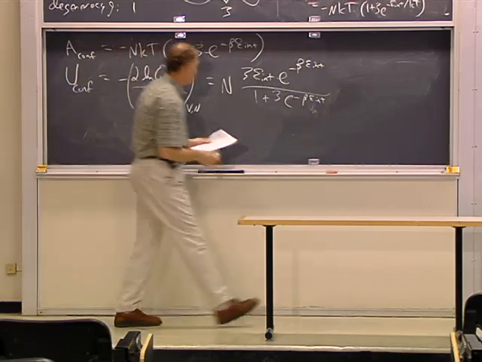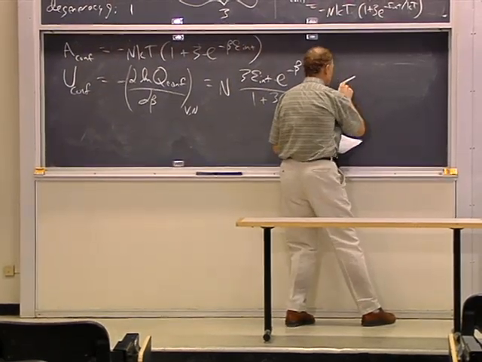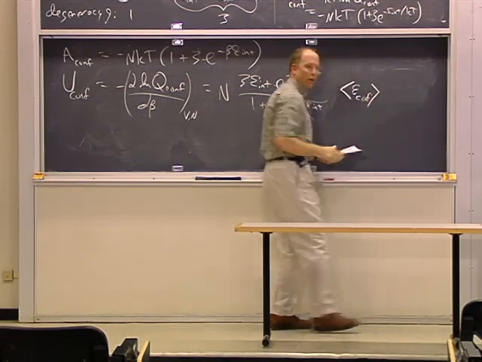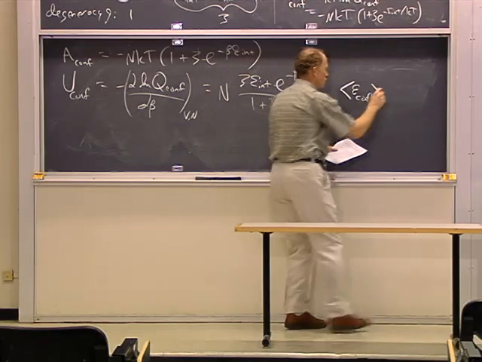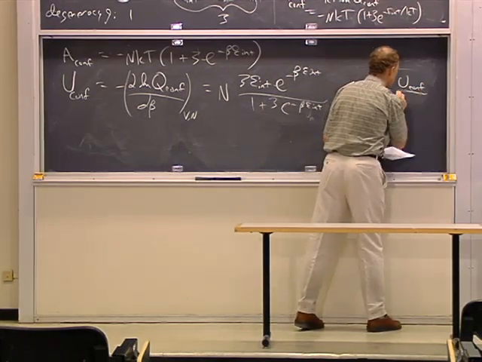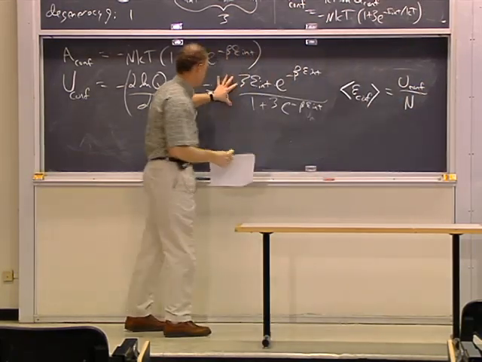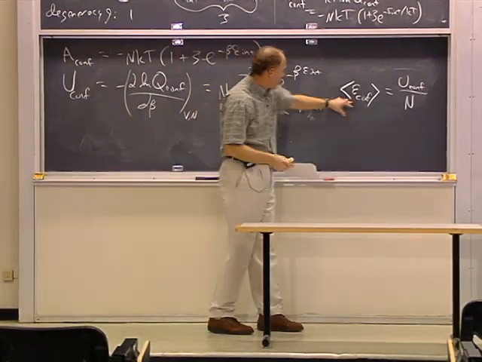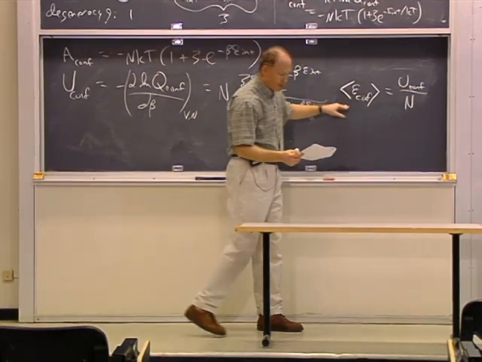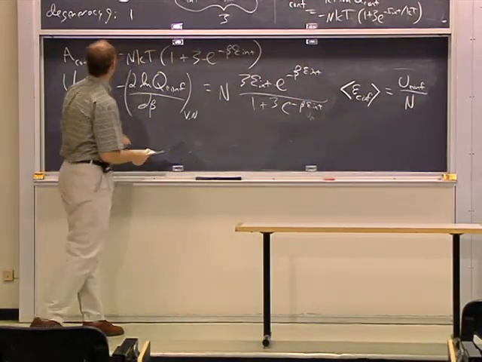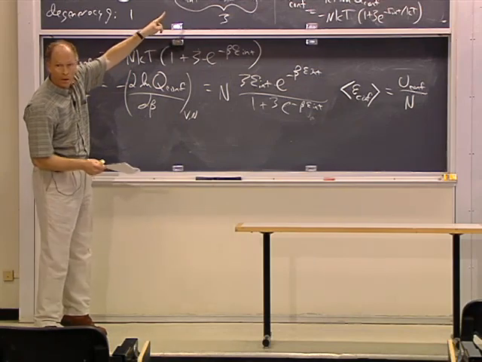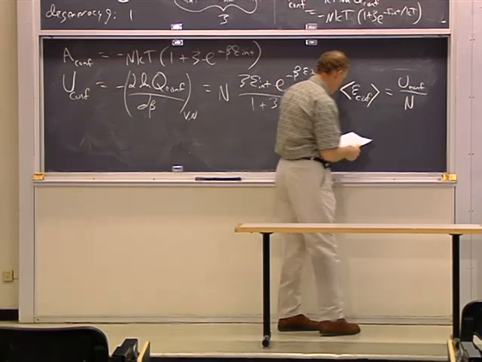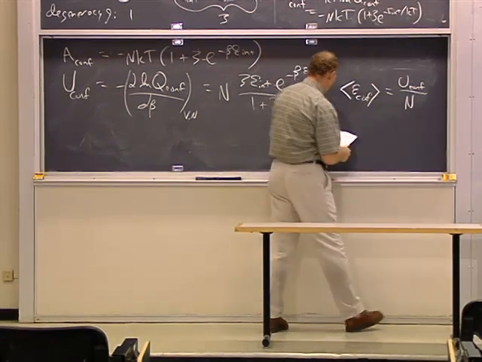And so if we want, we can also just write the average E, little e configurational, right, is just U configurational over N, right? It's the same as this without the factor of N. Not only that, we could get this directly from the molecular partition function up there, from little q configurational, right? We'd have the same result exactly as it should be.